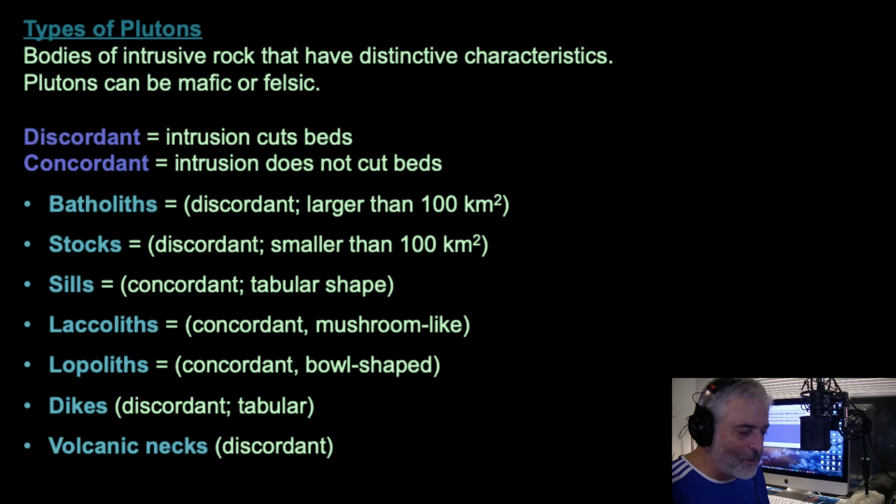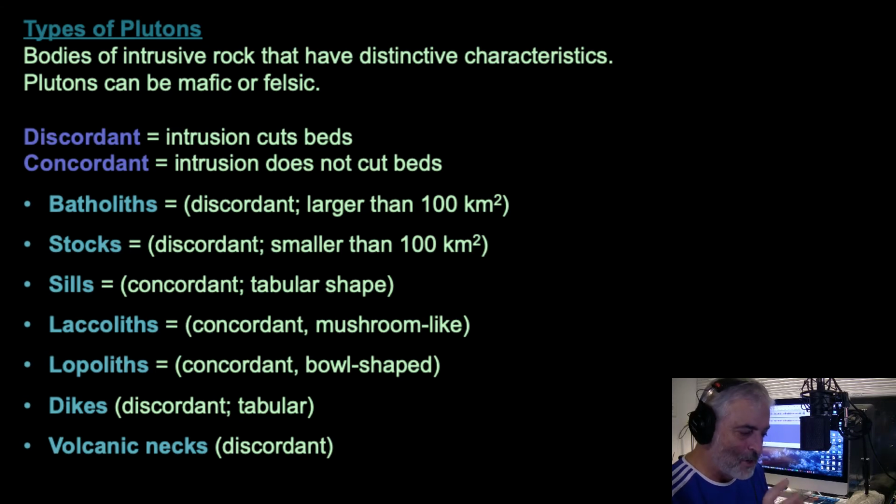And then lastly, we've talked about this just in passing a little bit. There are volcanic necks as well. And so volcanic necks are discordant as well, as you well know, because the volcano would have been around them at one point, but then the volcano eroded away and it left the remains of what was feeding up into that volcano. So our example for that, in fact, is Devil's Tower in Wyoming.